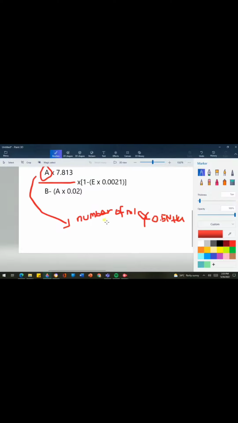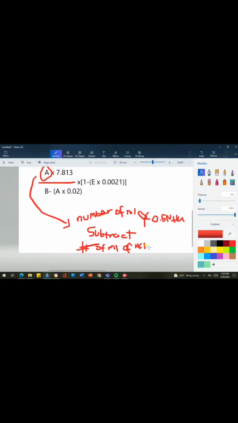then isubtract mo lang siya sa number of milliliters of 0.5N hydrochloric.